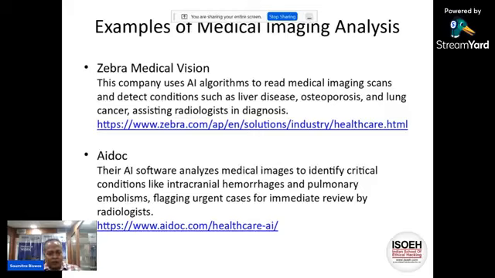And Aidoc, the second one, their algorithm can find intracranial hemorrhages, internal hemorrhages, pulmonary embolisms, meaning lung problems, and those algorithms can raise a red flag. This patient needs urgent treatment. This patient does not need that urgent treatment, but it is more or less okay. So we can give more attention to the patients who need it more.